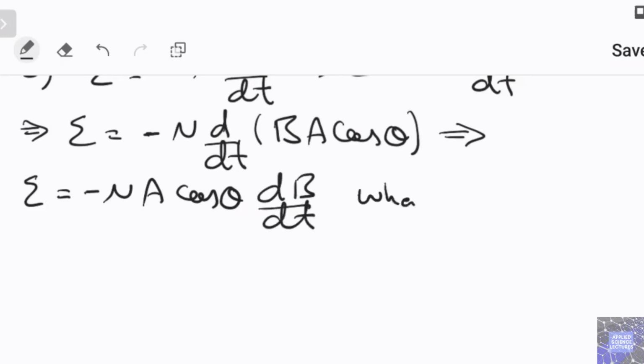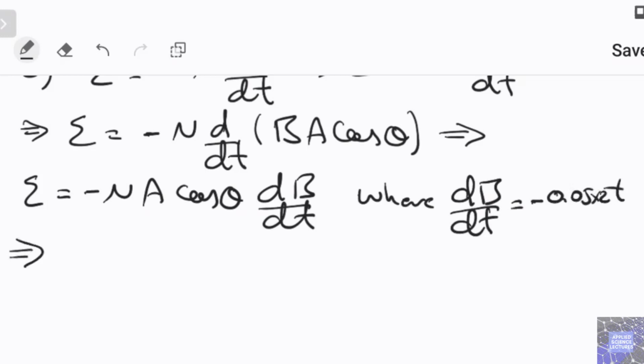Where dB over dt will be minus 0.05 times 2t.